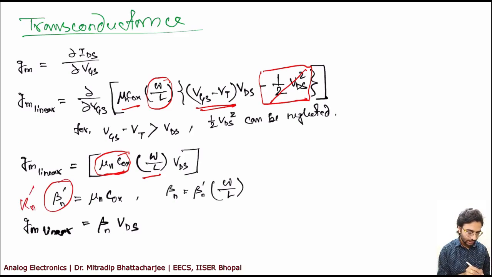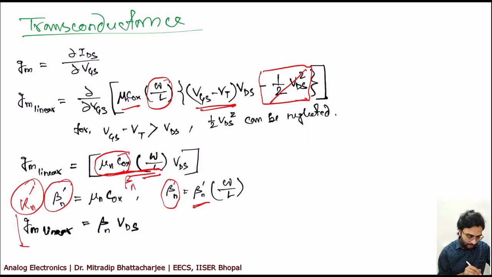In some books it is written as kn dash, so it is up to you which symbol you are going to use. Then you have another term called beta n, which is equal to beta n dash into W by L. So this whole term can be written as beta n.